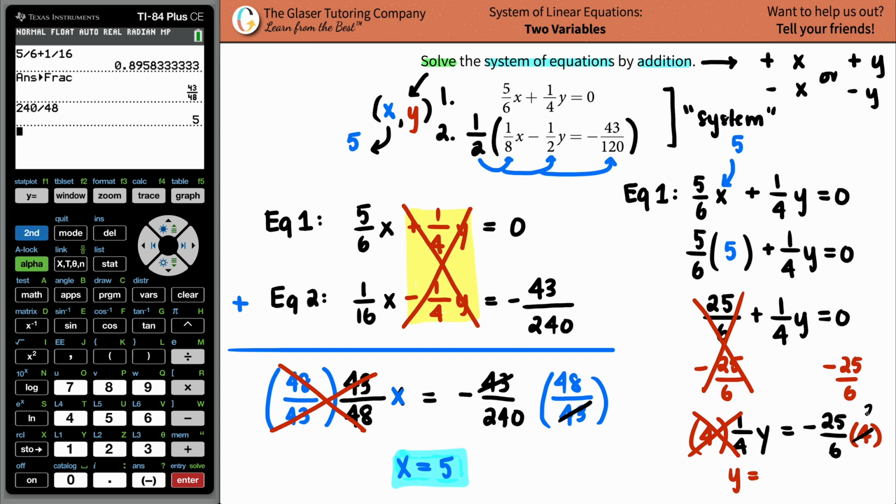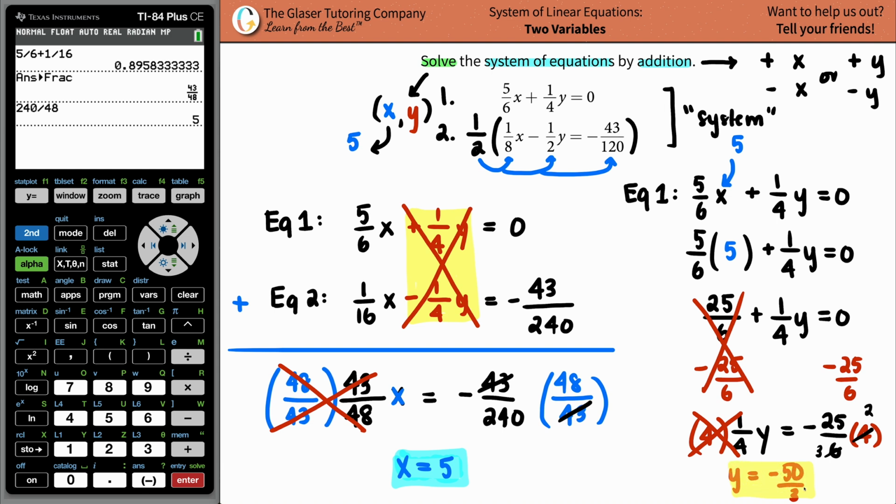So this will have a 2 and this will have a 3. 25 times 2 is 50. So negative 50 over 3. Let's put that in here.